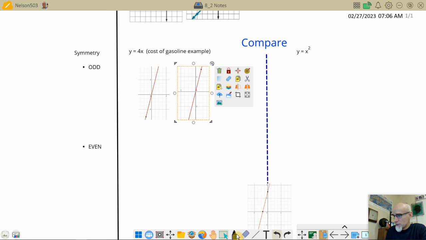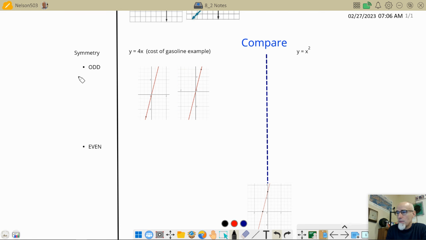So let's put those words down, please. Symmetric about the origin. Okay, so what does that mean? I mean, that's kind of fancy words.